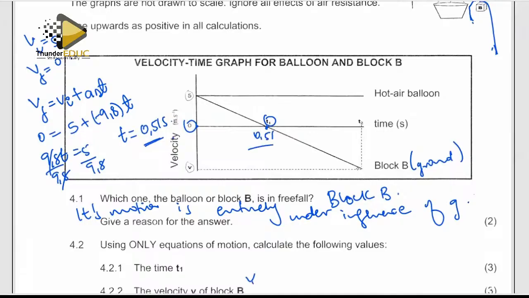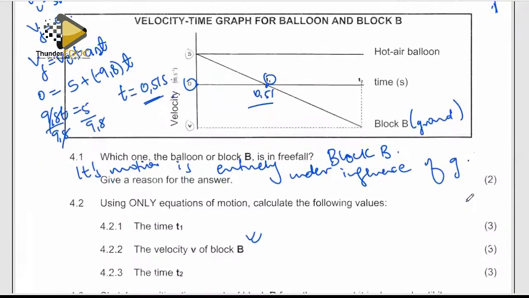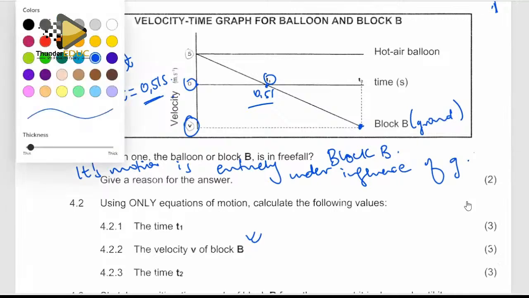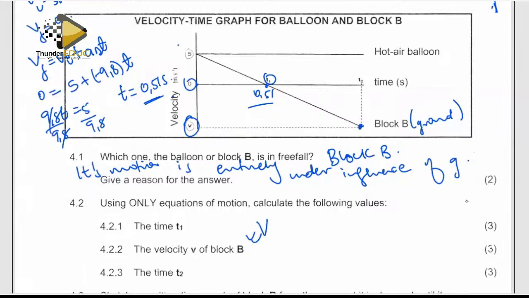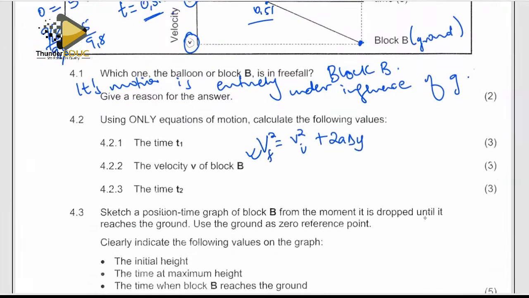All right, if that is 0,51 seconds, what's the next question? They want us to get the velocity V of block B. So velocity V is more like the final velocity when the block hits the ground. So I can use the formula VF squared is equal to V initial squared plus 2a delta, in this case delta y or delta x. Then let's do the substitution. We're looking for V final squared.